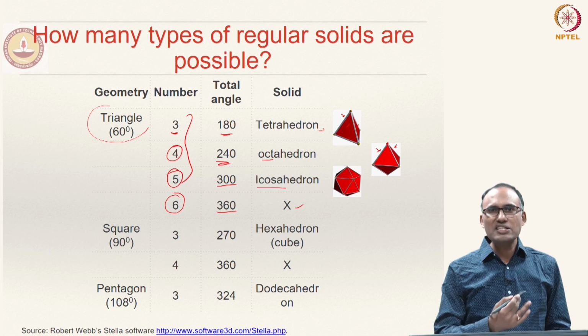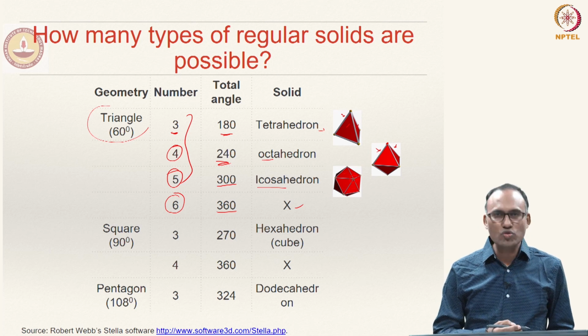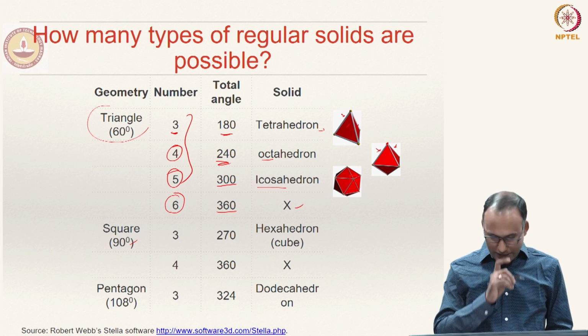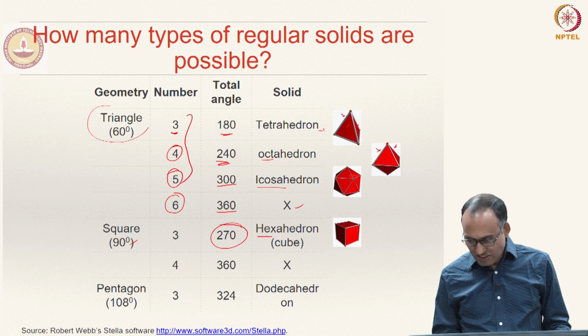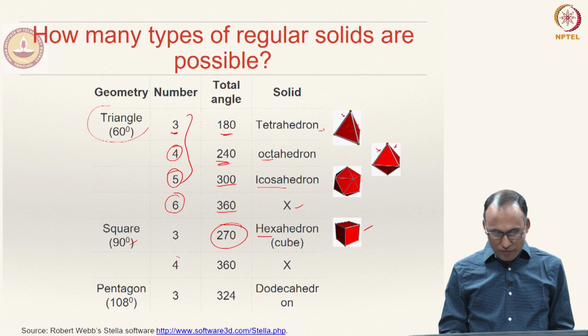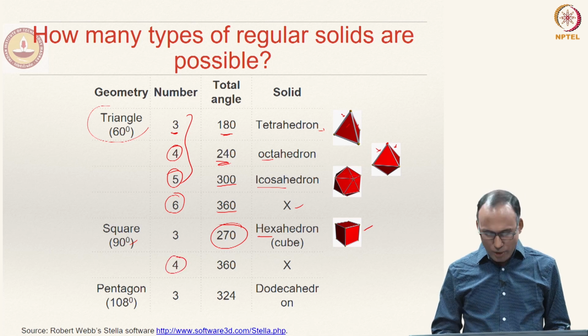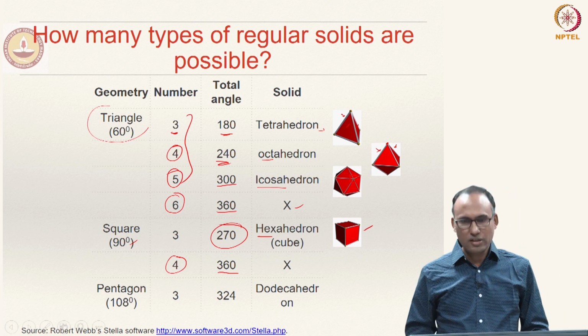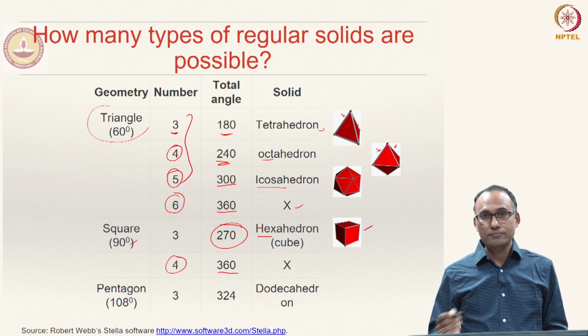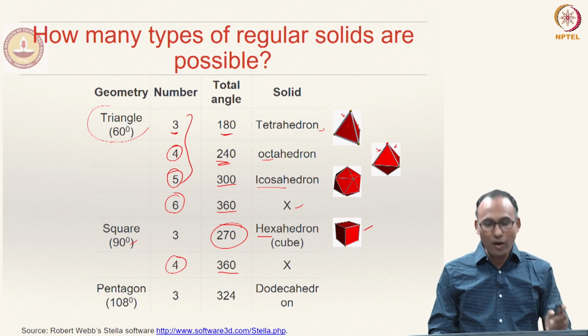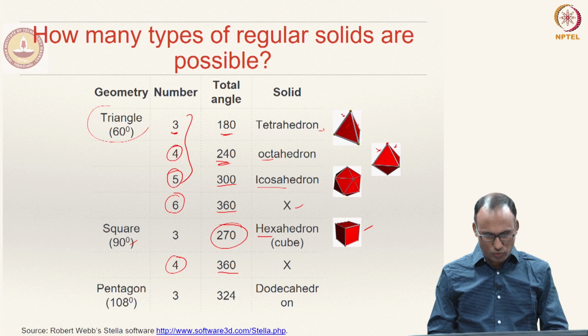Now, the next polygon after triangle is a square, where the angle is 90 degrees. So, 3 of them meeting will give you 270 and that will be our hexahedron. But if 4 squares meet at a point, then that becomes 360, then it cannot be a regular solid. So, with square as a face you can only have one, that is hexahedron, one solid.